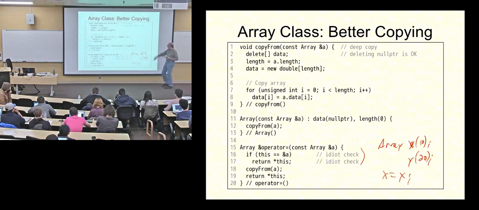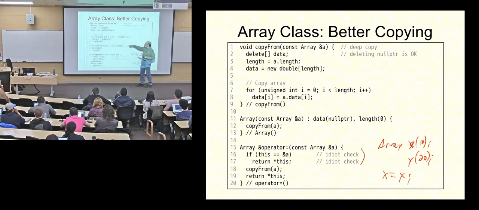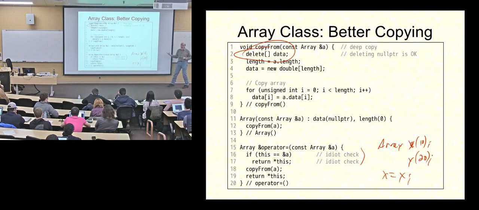When I say X equals X, I call operator equals. If I don't have the idiot check, I call copy from. Copy from says delete the existing data. But I'm trying to set X equal to X. I just deleted the only copy of X there is. So it is completely unsafe to do it this way if we don't have the idiot check.